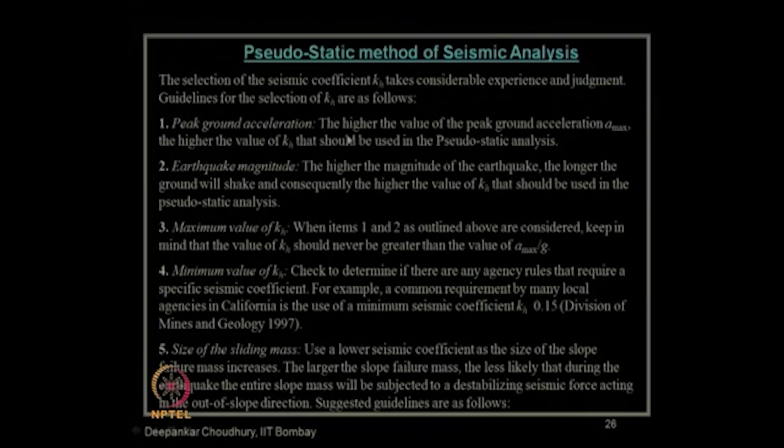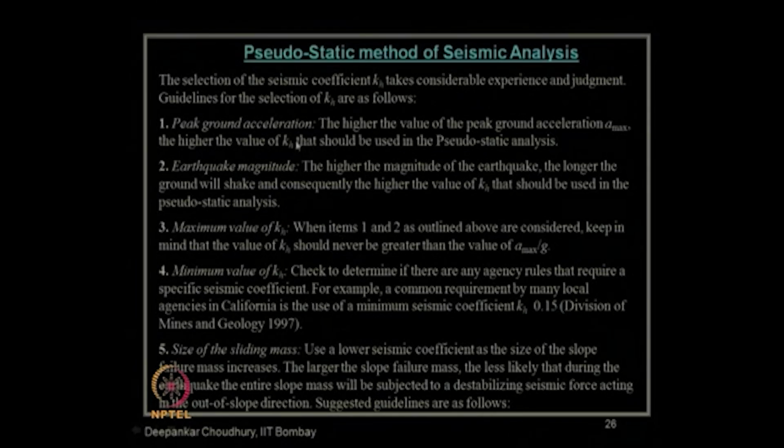Some people say the higher the value of the PGA, that is a max, the higher will be the value of kh that should be used in the pseudostatic analysis. But remember, using the exact value of a max as kh will be a gross approximation, or it will give you an uneconomic design, because that is too high a value which is not sustained for a longer duration.